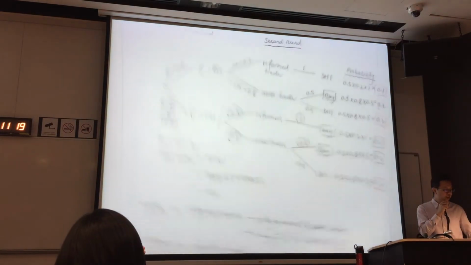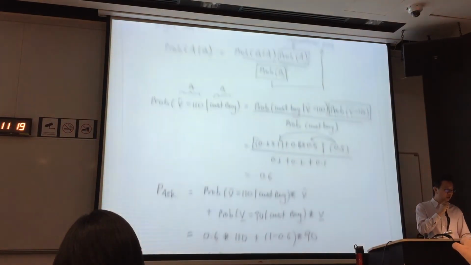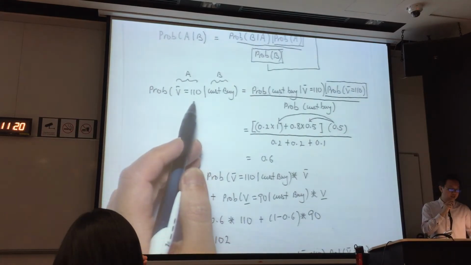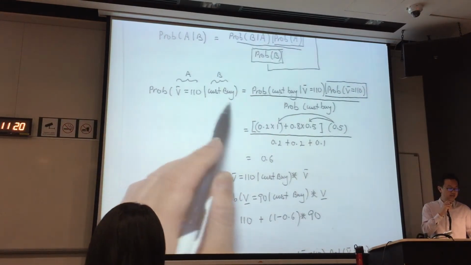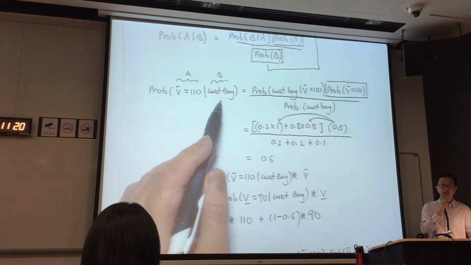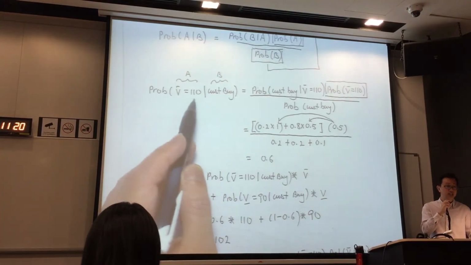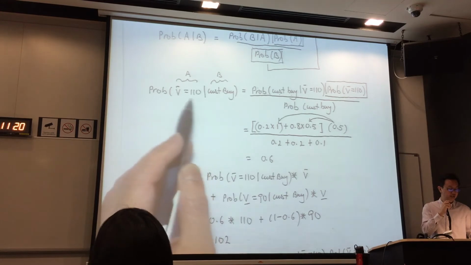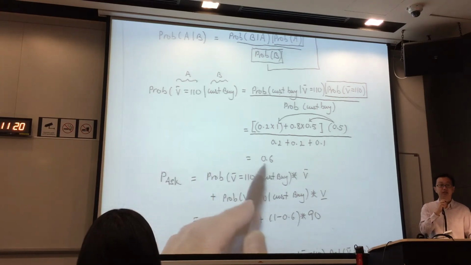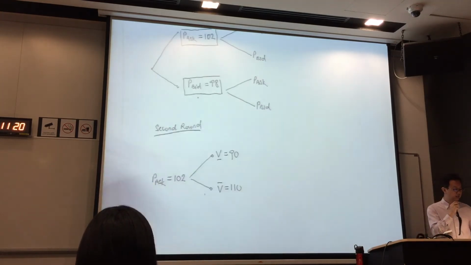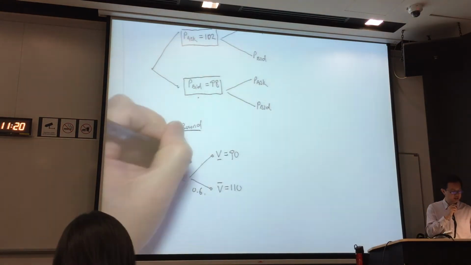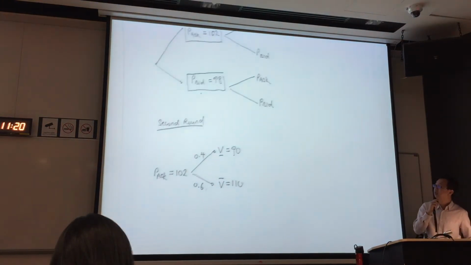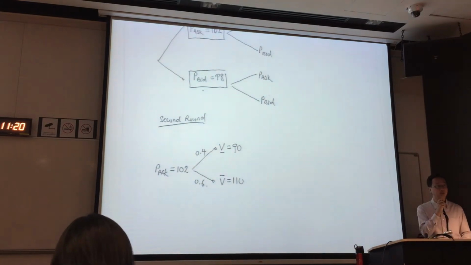But we have already done this calculation: if the transaction is a buy by the customer, customer buys from us, the probability that the value is 110 is now 60%. So this will change this part here. This is 60% and this is 40%. This changes, then the remaining part is the same.